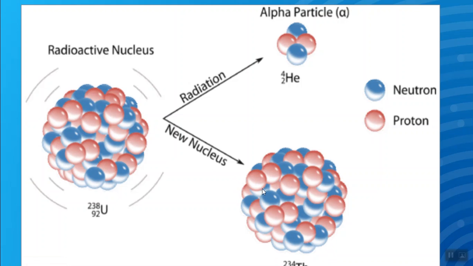Over here, we go from uranium. The decay produces what we call a daughter isotope, thorium-234, and also an alpha particle, which is, of course, that helium particle. Neutrons are in blue and protons in red here. And this is happening with lots of different elements.